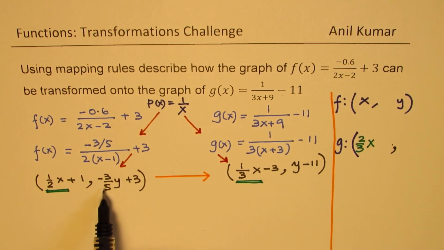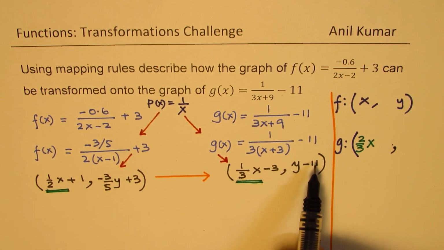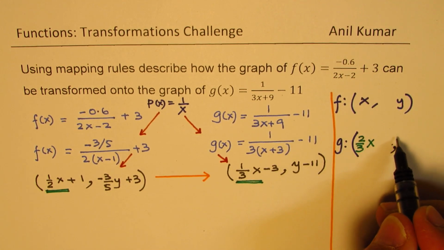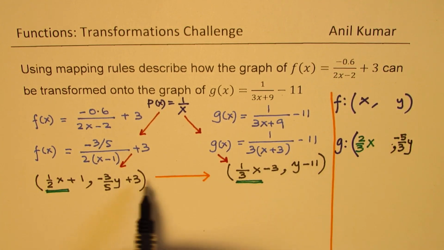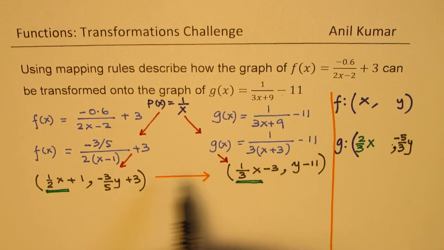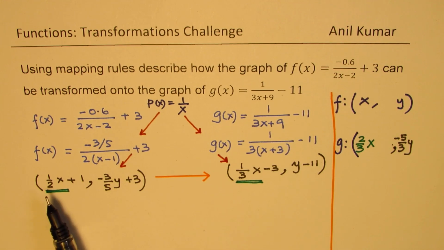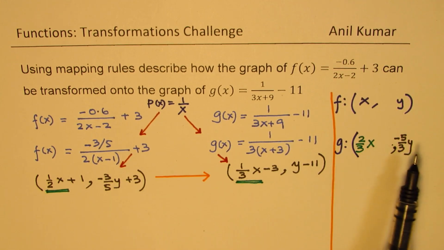That means we have to multiply this by -5/3, right? So what we get here is -5/3 of the y values. Is that clear to you? So as far as the stretches and compressions related to horizontal and vertical are concerned, you get your points.